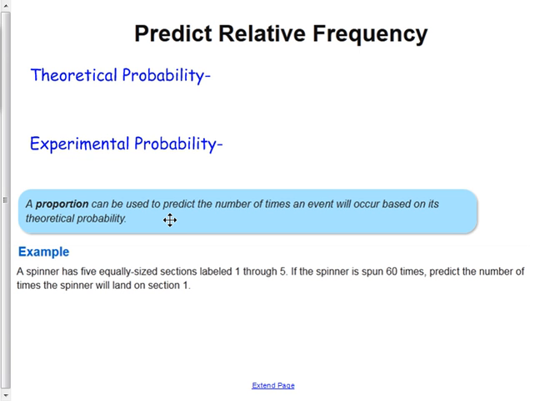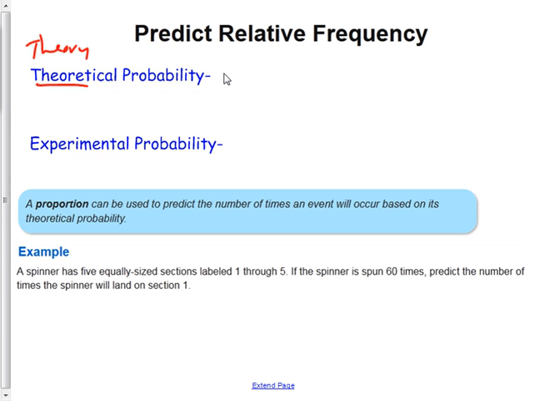For our first lesson in probability, we're going to talk about the definitions of theoretical probability and experimental probability. Something to keep in mind is the word theoretical does have the word theory in it. So in theory, meaning we're going to talk about a prediction or an idea based on facts.